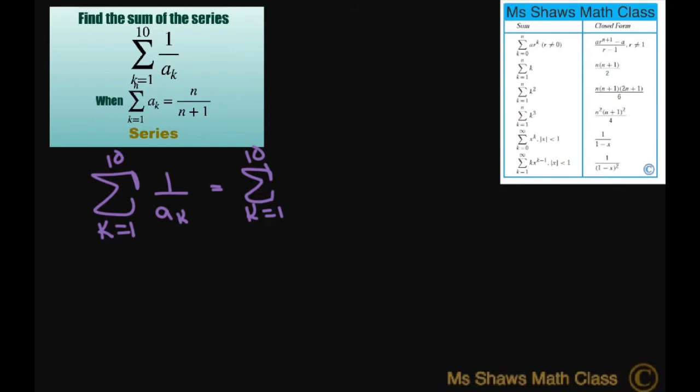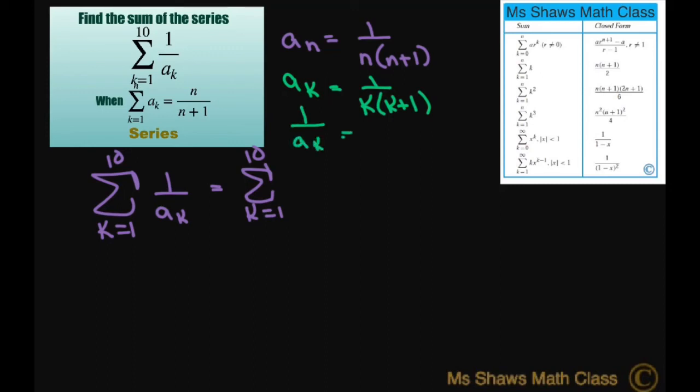And remember, our a sub n was 1 divided by n times n plus 1. So a sub k is going to equal 1 divided by k times k plus 1. So when you're doing 1 divided by a sub k, that's going to give you this k squared plus k. So you just flip these two around. And I went ahead and distributed here. So you're going to get k squared plus k.